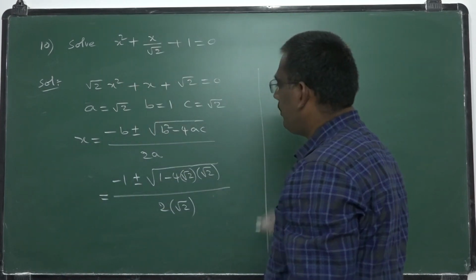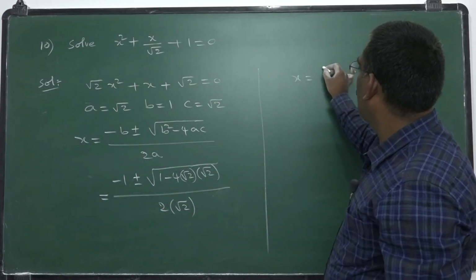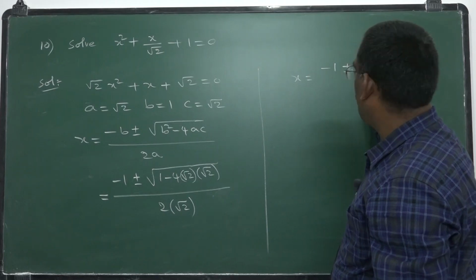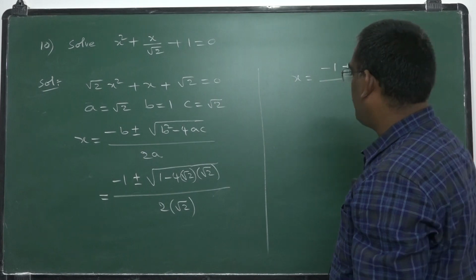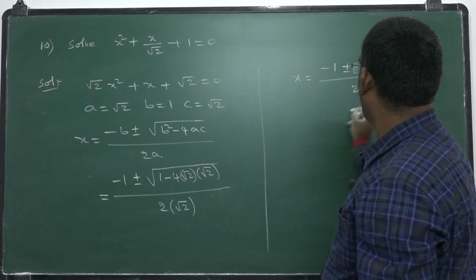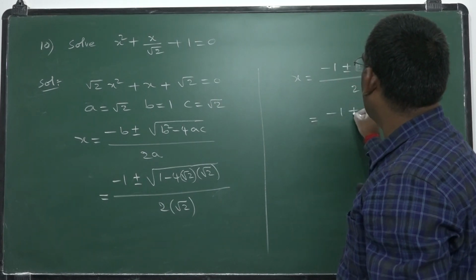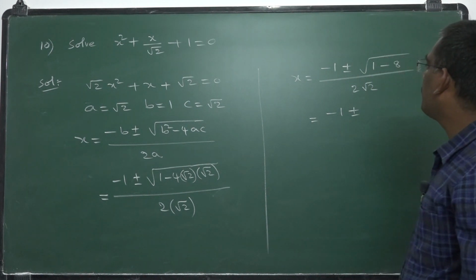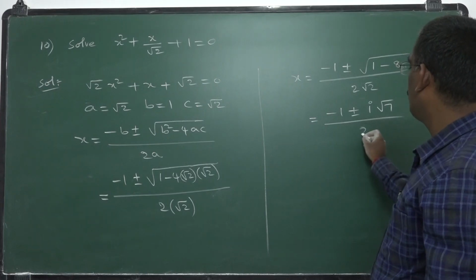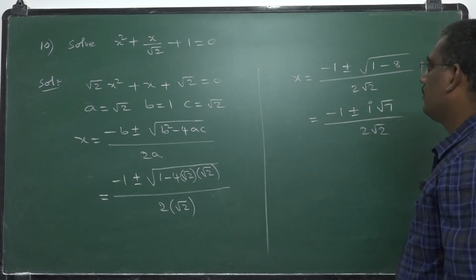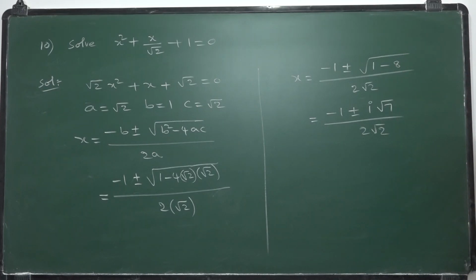So this will be equal to minus 1 plus or minus root of 1 minus 8 by 2 root 2. That is equal to minus 1 plus or minus, 1 minus 8 is minus 7, i root 7 by 2 root 2. So solutions of the given quadratic equation are minus 1 plus i root 7 by 2 root 2 and minus 1 minus i root 7 by 2 root 2.